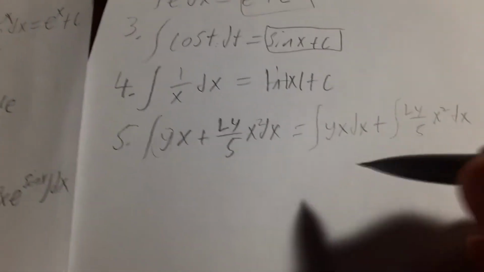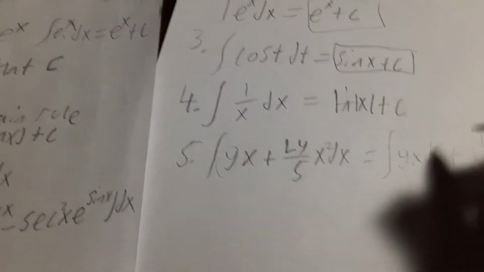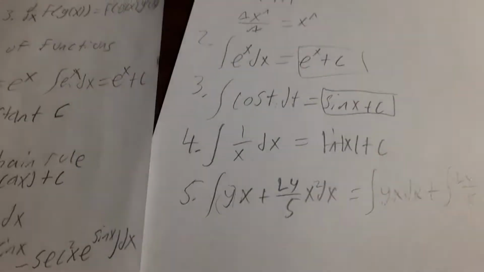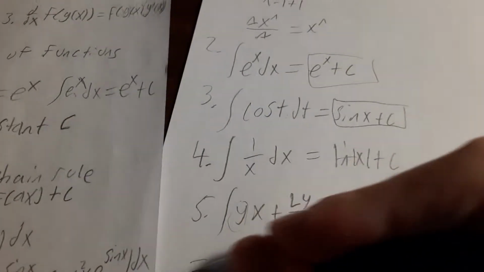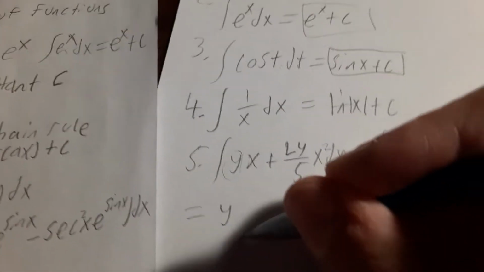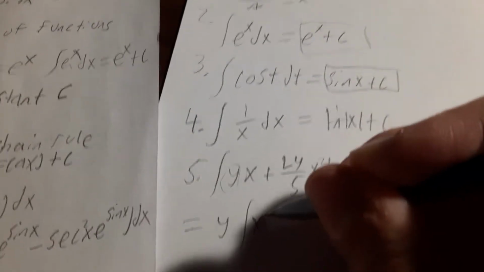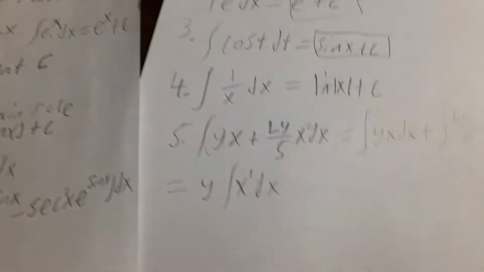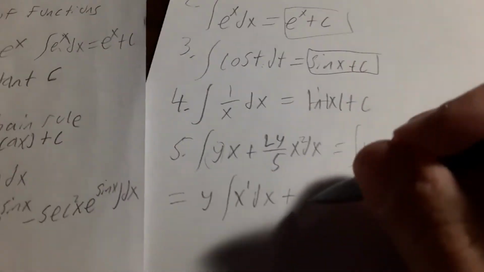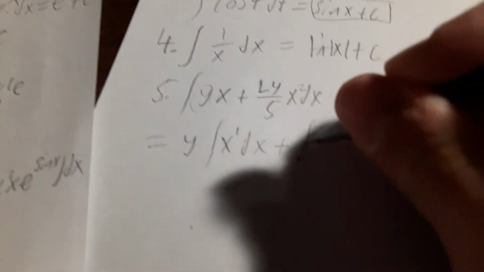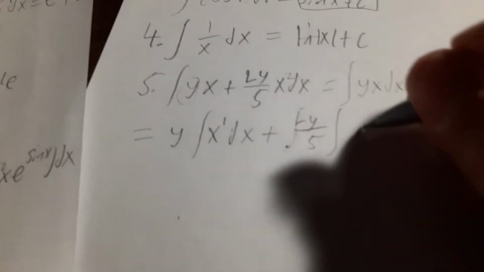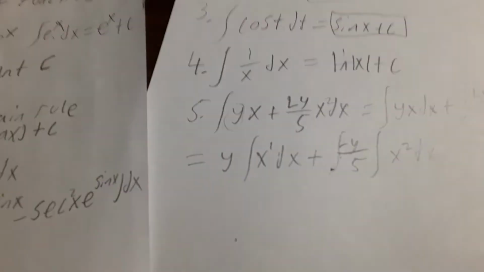So now what we do is we can move the constant out, then we can find our antiderivative. So move our constants out, we'll have y times the integral of x to the 1 dx, plus ly over 5 times the integral of x squared dx.